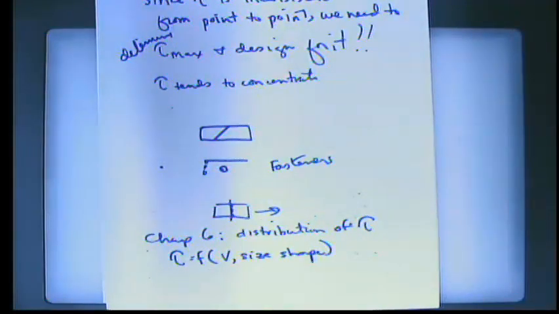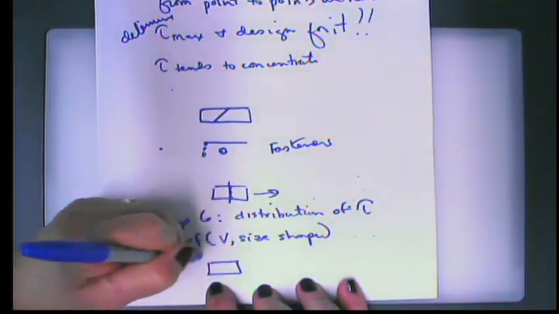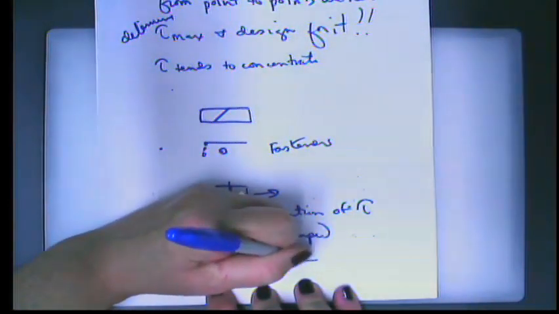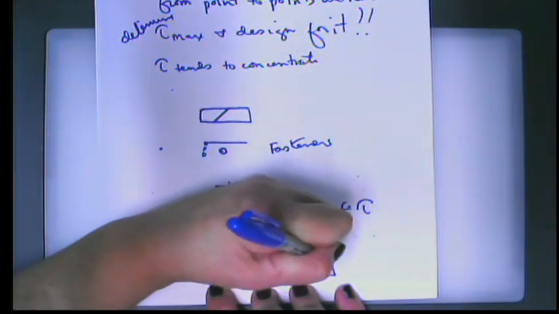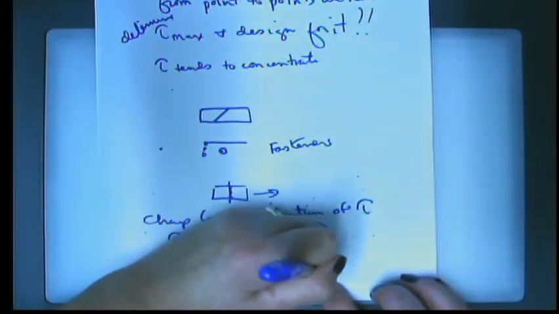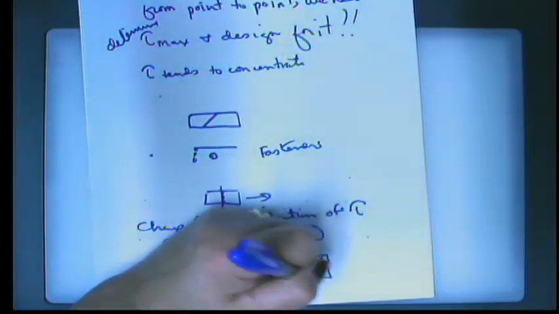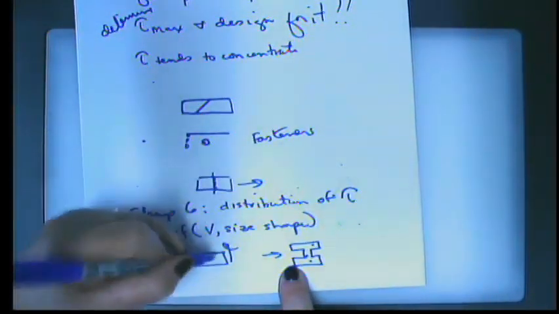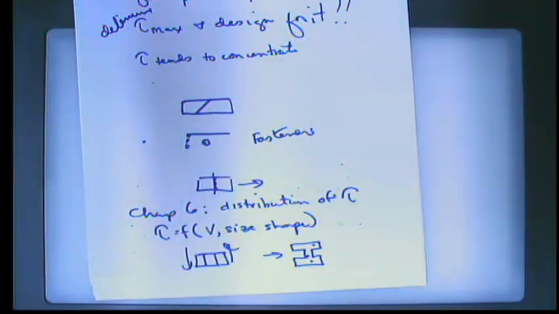The discussion can be a little bit complicated, but we're going to break it down very carefully into what those different components mean, so that we can take a cross section of a structural member being subjected to shear, say an I-beam, for example, and decide what tau is here, what tau is here, what tau is anywhere on this particular cross section, and how it is different from this cross section to this cross section, and so forth. We're also going to come up with some ideas about where it's going to concentrate, so that we can determine those maximum values. That's what we're going to do in chapter 6.